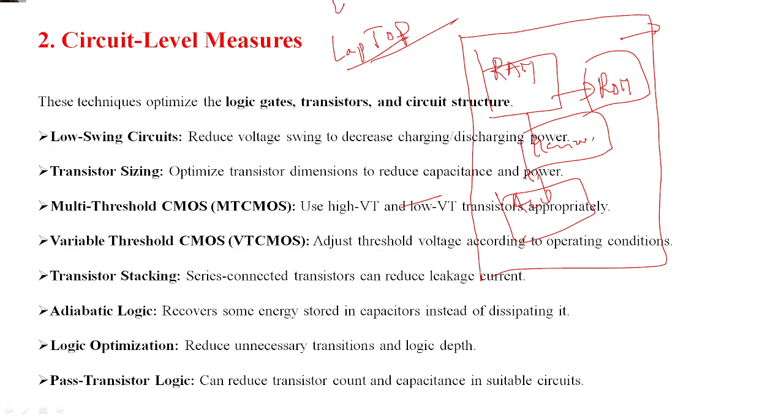The same thing applies to increasing the speed of your processor and your laptop. Here we can optimize low swing circuits and transistor sizing, and they use multiple threshold CMOS circuits and variable threshold CMOS circuits, transistor stacking, optimized logic, and pass transistor logic.